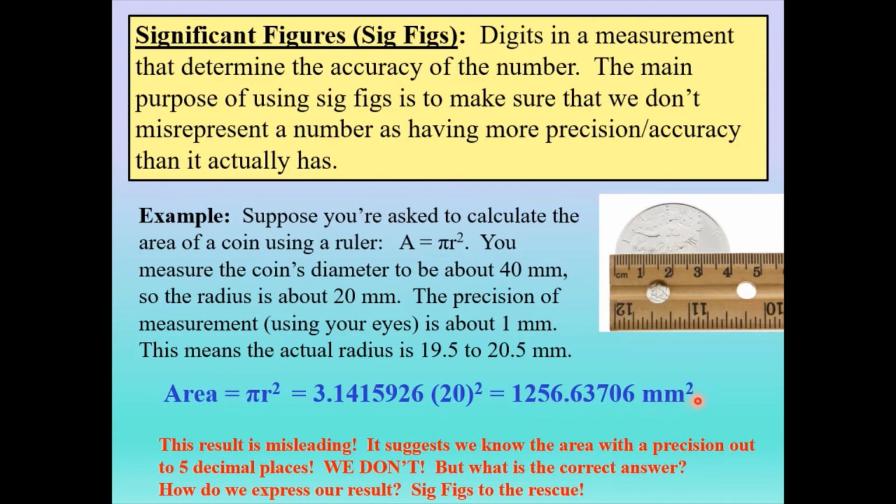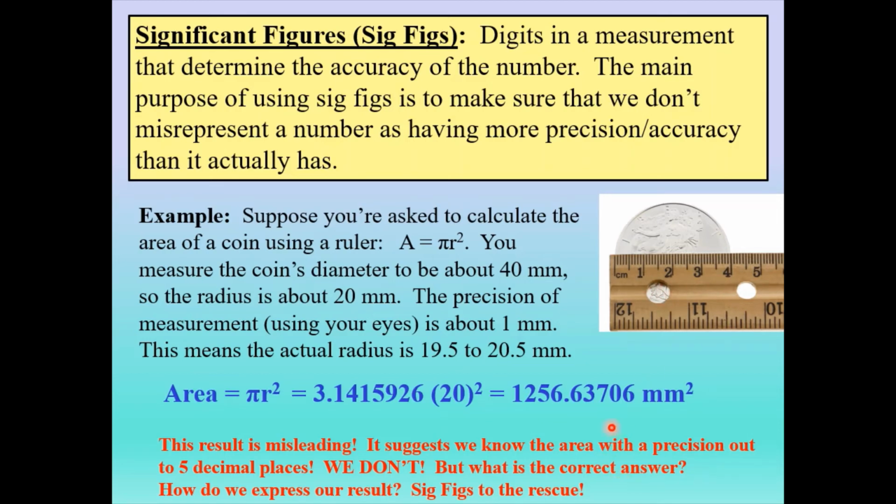1,256.63706 square millimeters. If you were to tell somebody that this is the area of this coin, this is very misleading. This suggests that we know the area with a precision out to 1, 2, 3, 4, 5 decimal places, but we absolutely do not know that type of precision. So the question is, what is the area of this coin based on our accuracy and precision of measurement here?